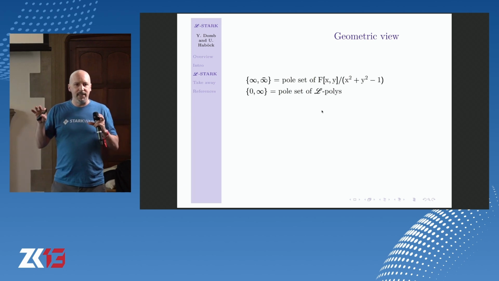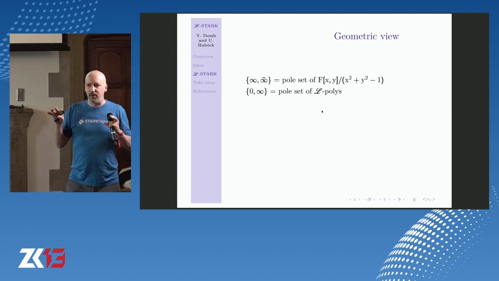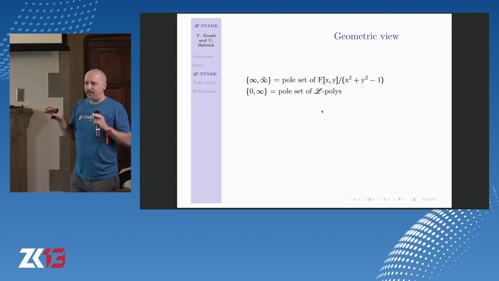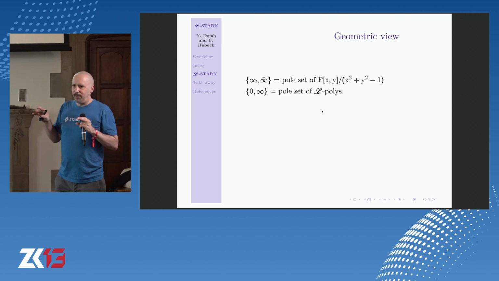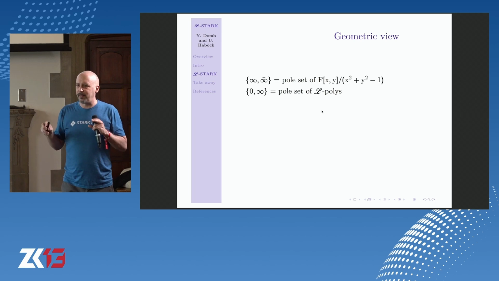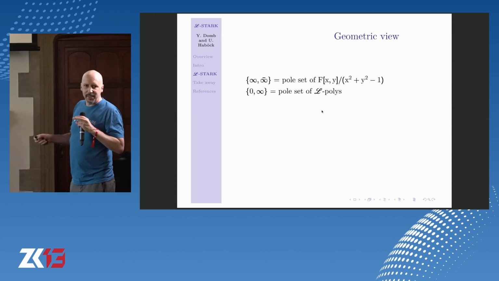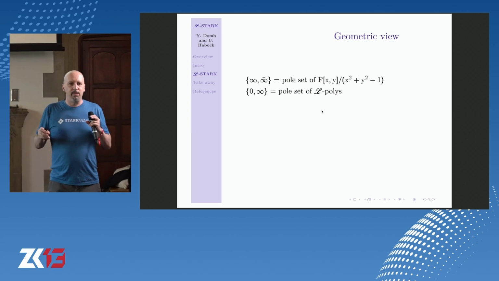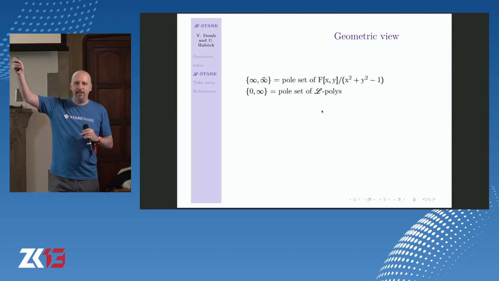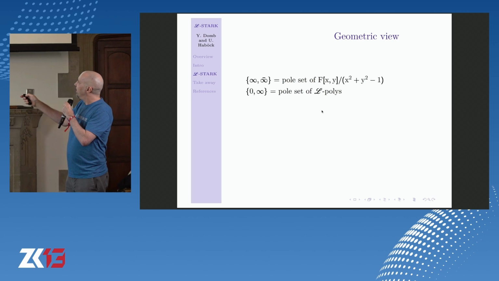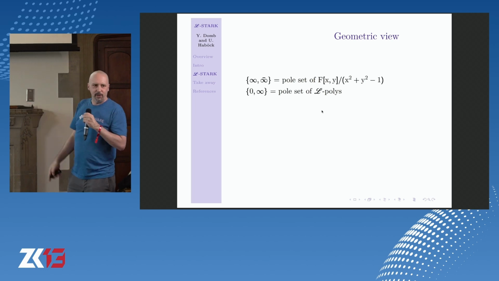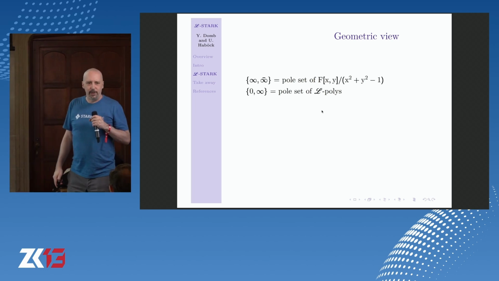So 0 and infinity, that's the defining pole set for those from algebraic geometry. That's the support of the divisor for the Riemann-Roch space. So that's the defining pole set for Laurent polynomials. Likewise, the regular circle polynomials only have poles at infinity, at the 2 points at infinity. This is the defining set for the circle polynomials.